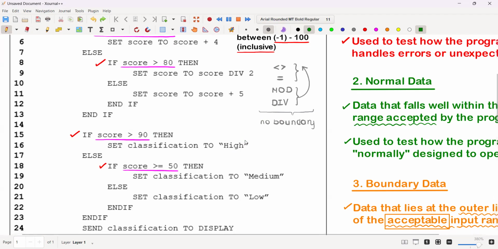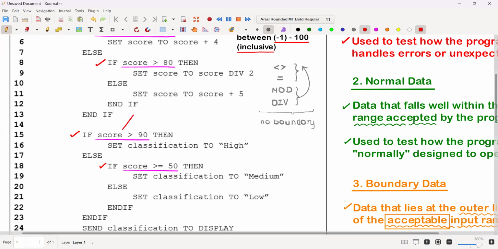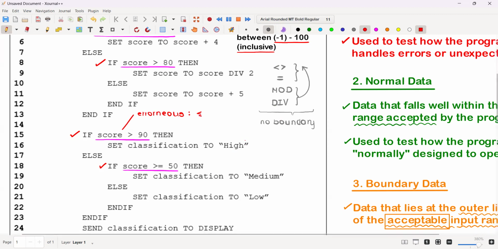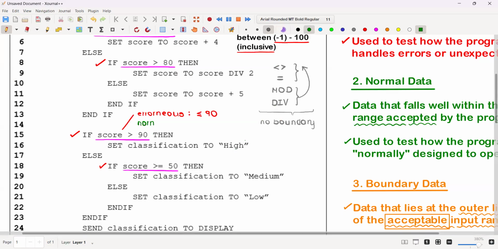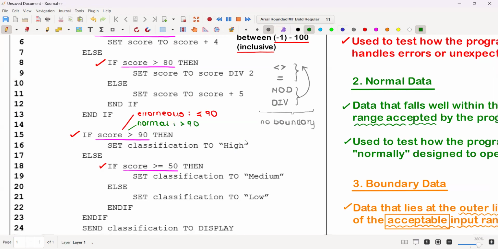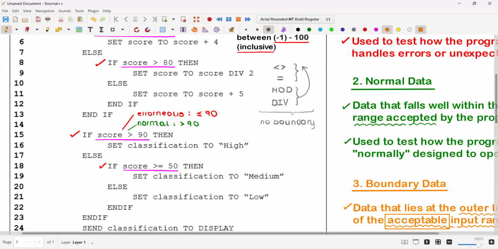So the erroneous values are less than or equal to 90. What's the normal value range? For this condition, the normal value range has to be above 90. Then what's our boundary? What's the lowest accepted value?